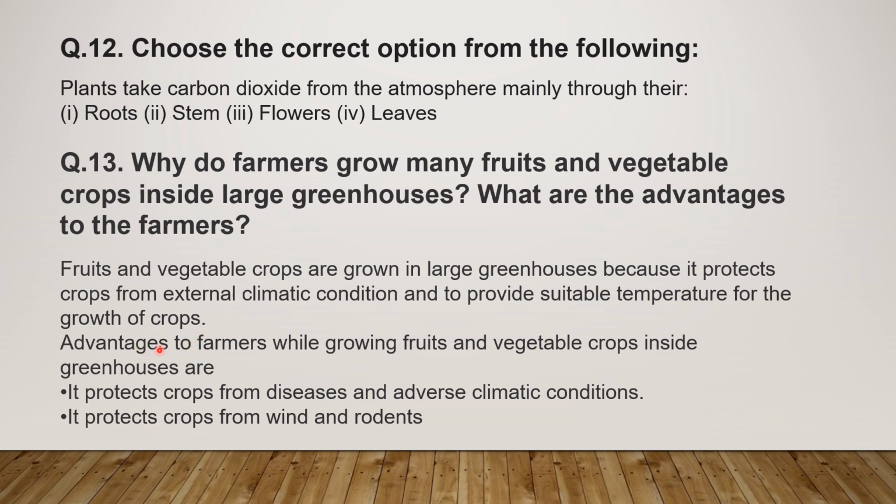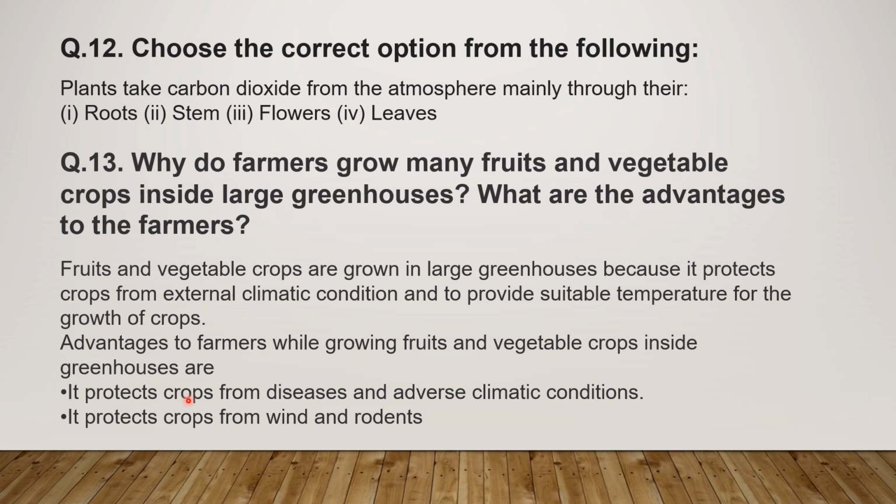Other advantages are that it protects crops from diseases and adverse climatic conditions. Some insects, bacteria or viruses attack these crops. So when we keep these plants inside greenhouses, we can protect them from these insects, viruses or bacteria, and from other climatic conditions also.